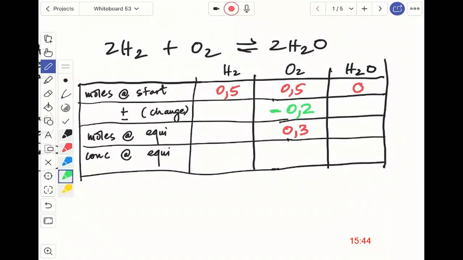And in that column where I've written the green, this is where I use my mole ratio. And my mole ratio says that if I use 2 moles of hydrogen, I use 1 mole of oxygen. So obviously if I use 0.2 moles of oxygen, I must have used 0.4 moles of hydrogen.